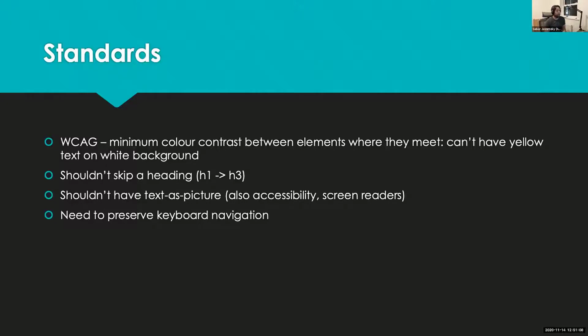You also shouldn't skip a heading. I can't skip from H1 to H3. I mean, again, technically I can, but I shouldn't, because otherwise the whole document flow is going to be messed up. And then no text as picture, because a picture can't be read by screen readers.